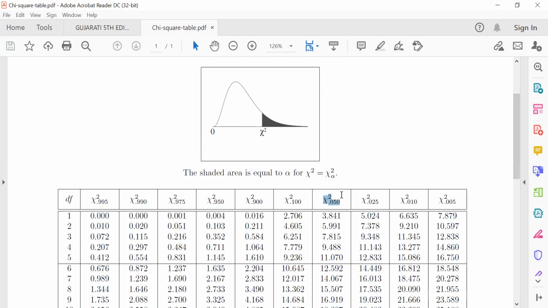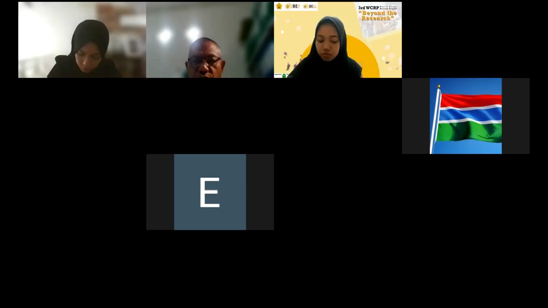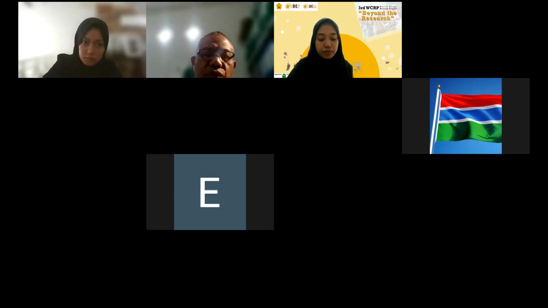This means 2.5% here, and we have another one here, 97.5%. We have two different values for the chi-square distribution, so be careful to use these critical values of the chi-square distribution.